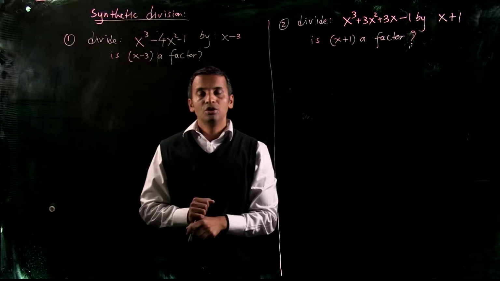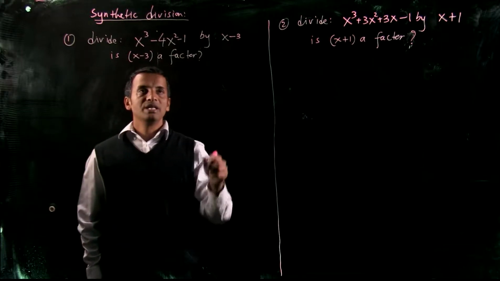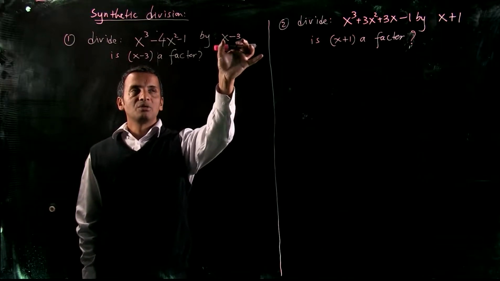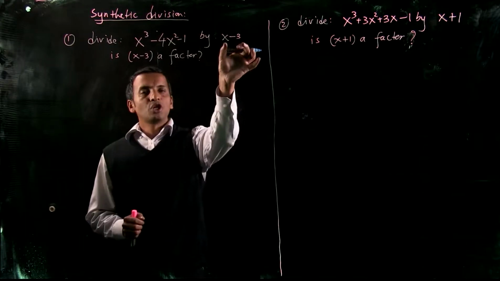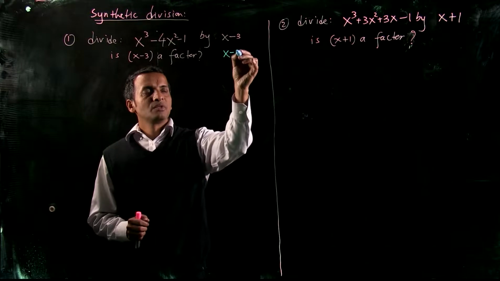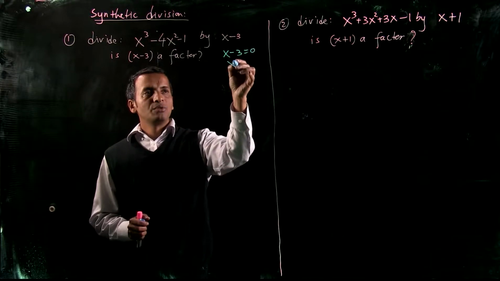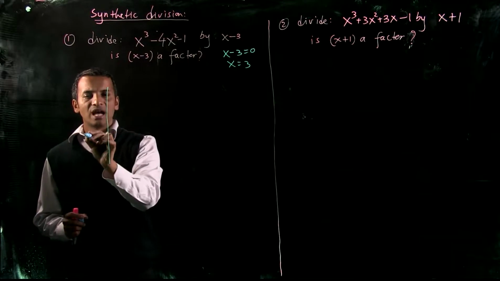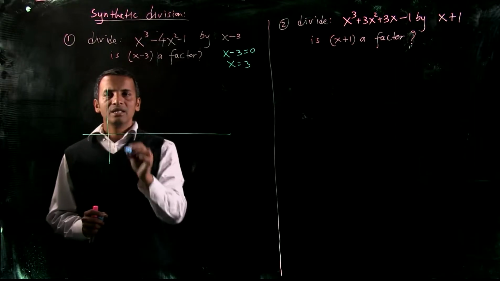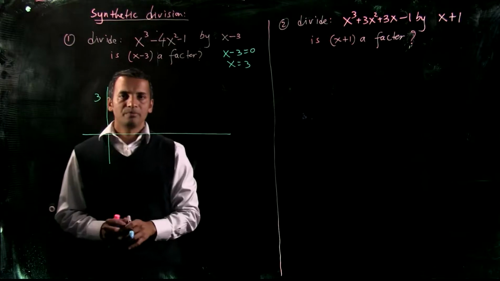First, you solve the divisor. If you solve x minus 3 equals 0, you get x equals 3. You draw a vertical line like this, and then you write 3 here.